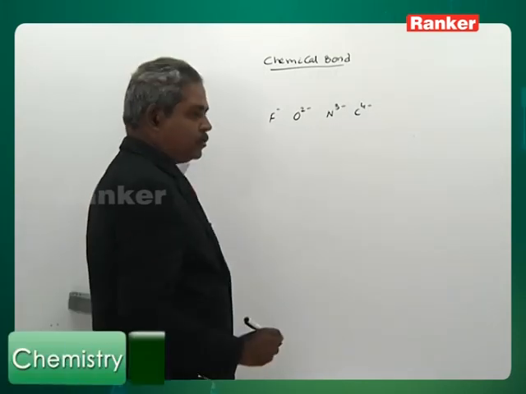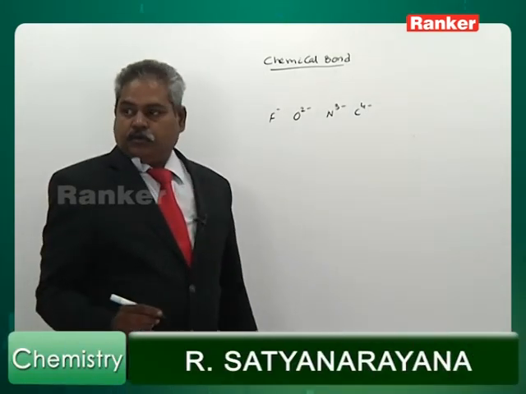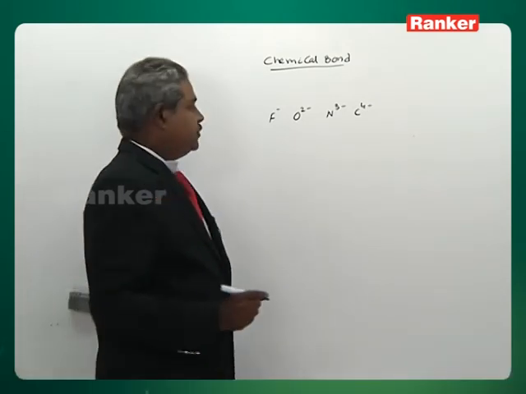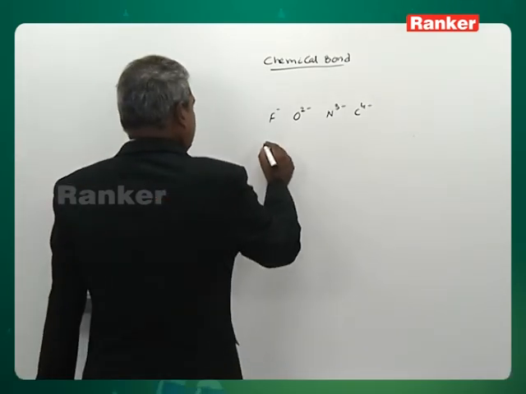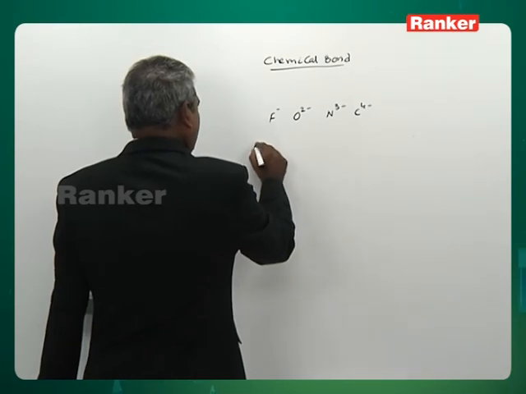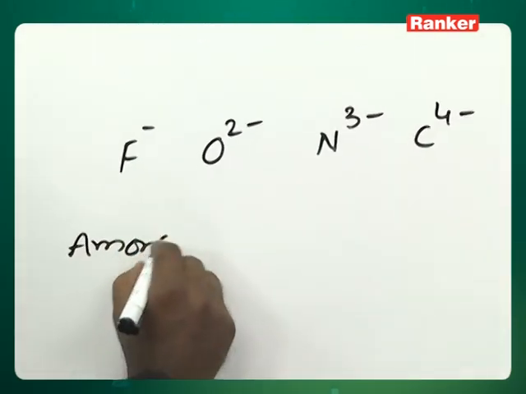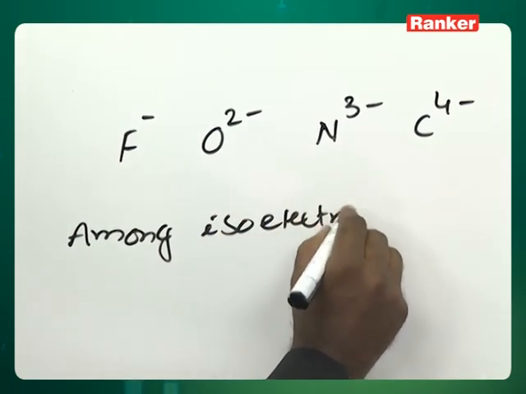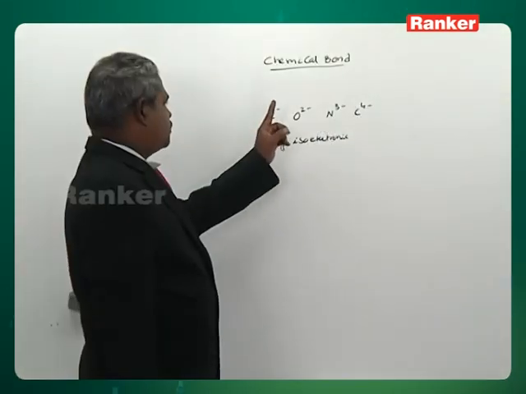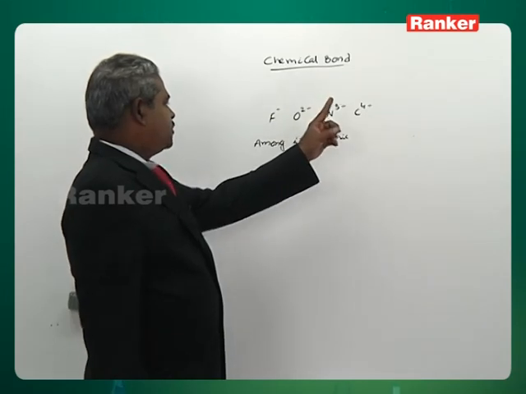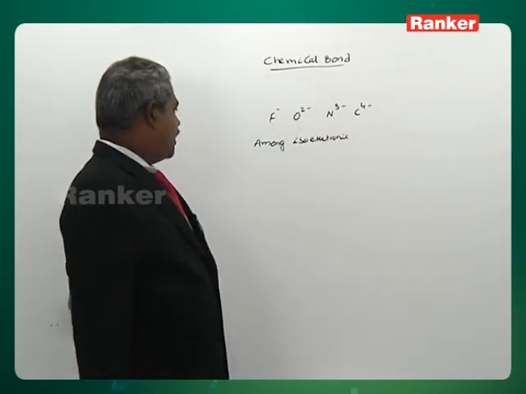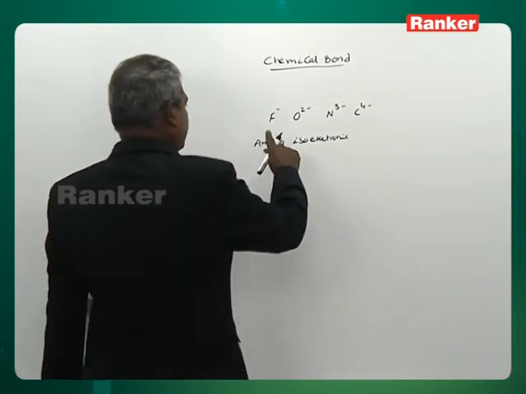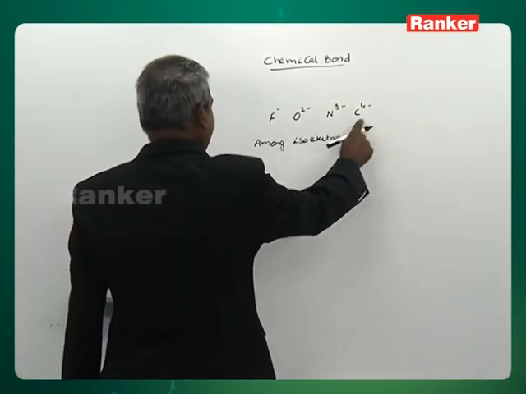Among these ions, the sizes, the radius, among isoelectronic species: F minus, O2 minus, N3 minus, C4 minus. These are all isoelectronic. Isoelectronic in the sense they have an equal number of electrons, 10, 10, 10, 10.